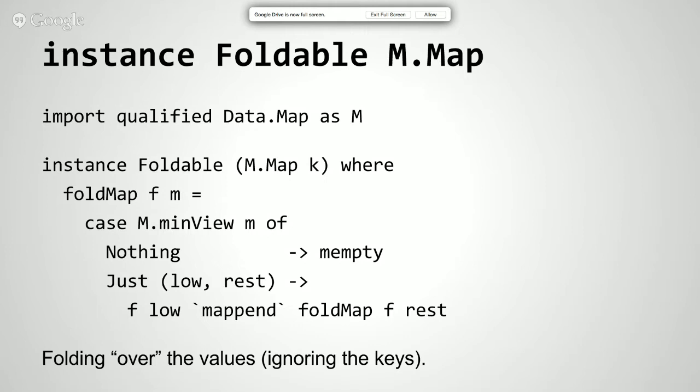So when minView m is Nothing, well, then we say there are no values in this map, it's the empty map, and the foldMap is mempty. Otherwise, we get a value called low. We throw that into f to get an m, and we append it to the foldMap of f on the rest of the map.